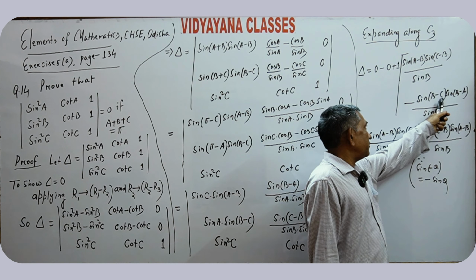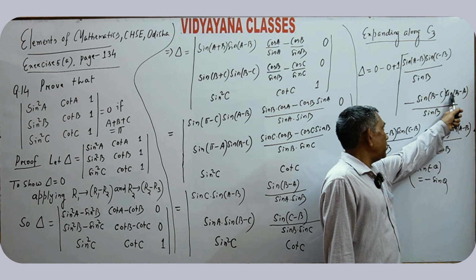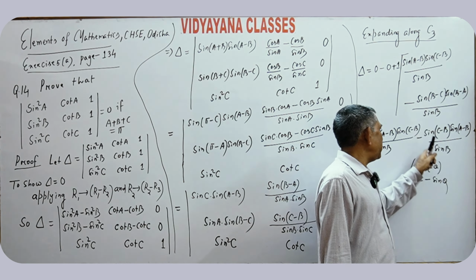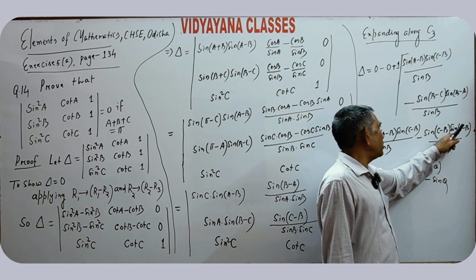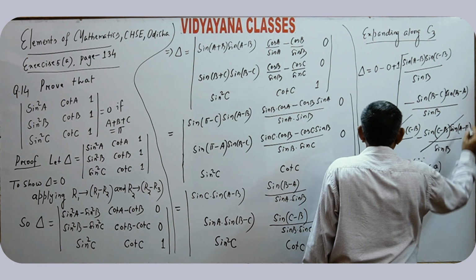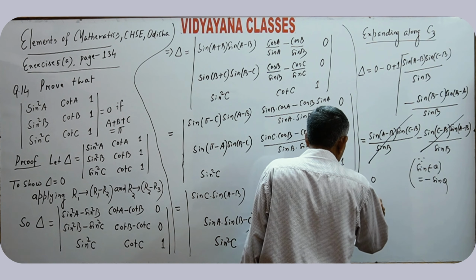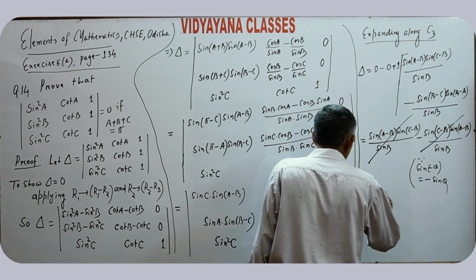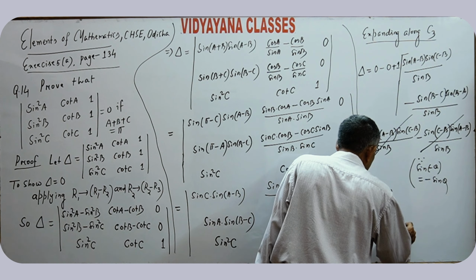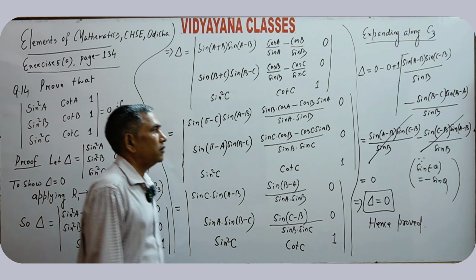Sin B minus C, sin C minus B gives 1 minus. Similarly, sin A minus B gives 1 minus. So the result will be minus sin C minus B into sin A minus B. This is same as this, which is equal to 0. Implies del is equal to 0. Hence proved. Clear?